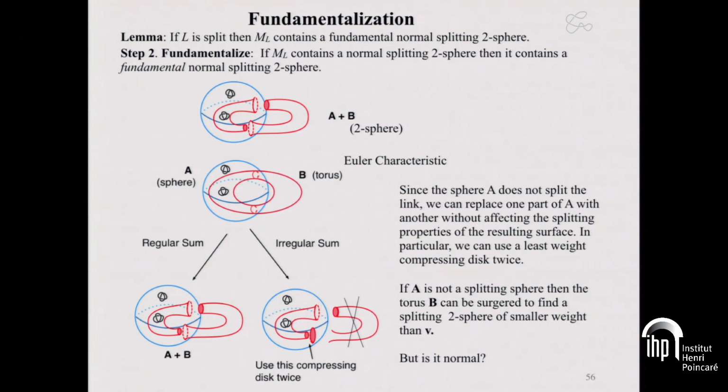So we can use one of those. We can use a disk on the two-sphere to compress that torus and get a picture like the one at the bottom right. And when we do that, we actually do an irregular sum, not a Haken sum. We're going to get something that's not normal.